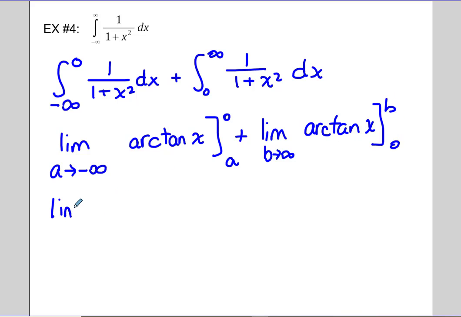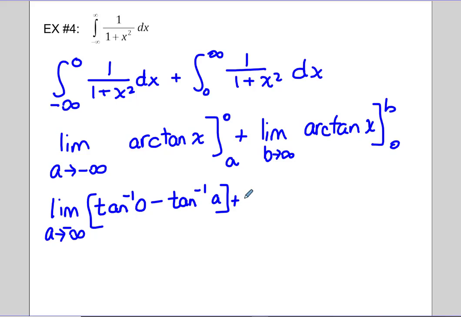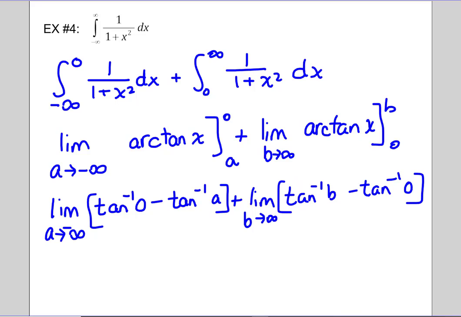So evaluating and then finding the limit as a goes to negative infinity, we've got the tangent inverse of 0 minus the tan inverse of a for that first part, plus the limit as b approaches infinity of tan inverse b minus tan inverse 0 for the second part.